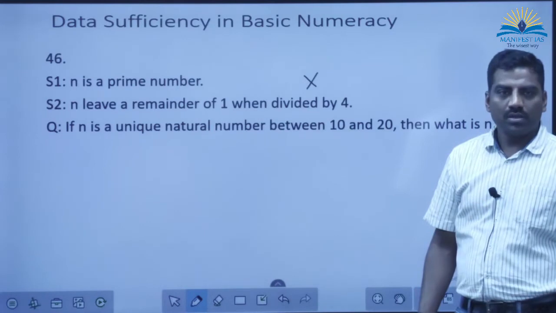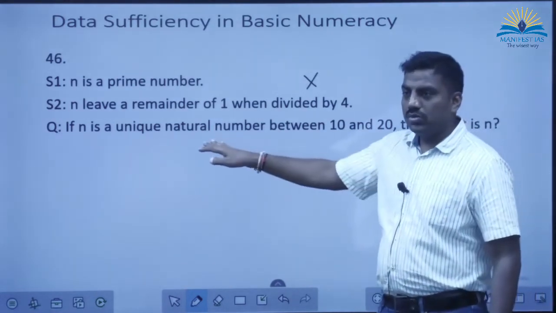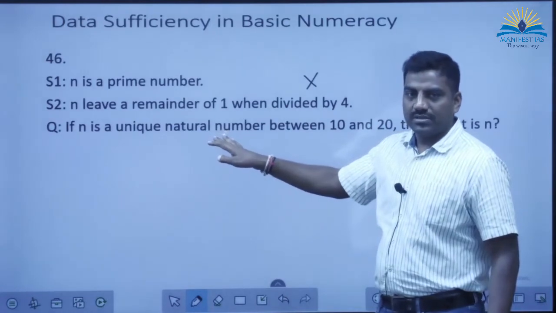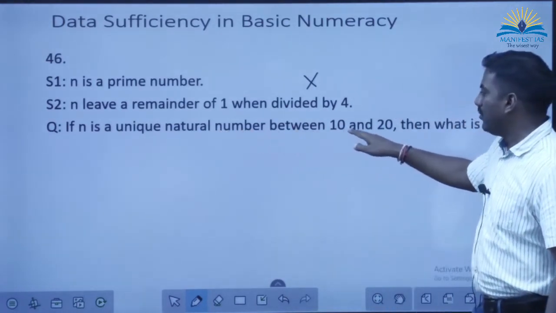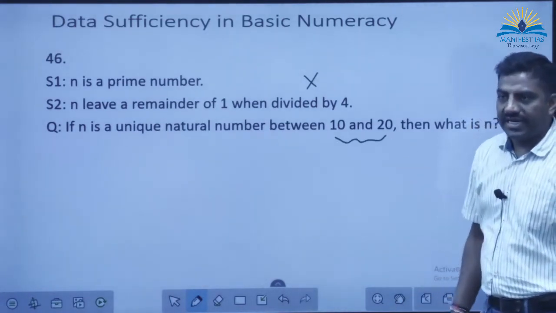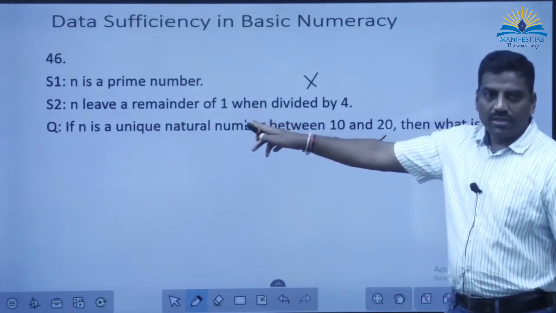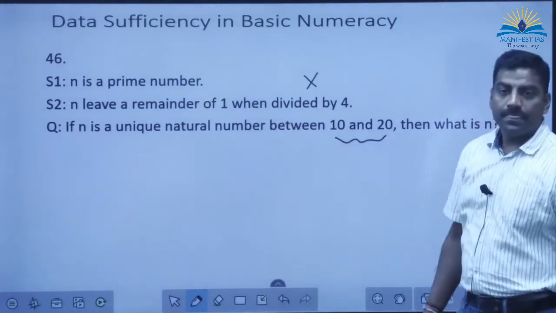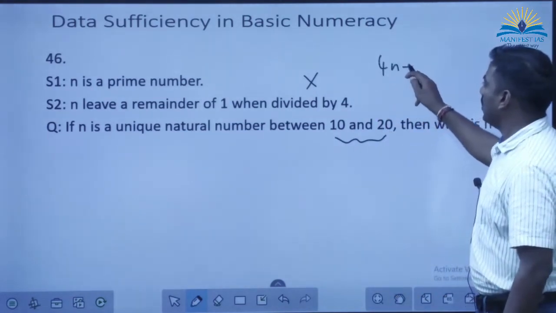Now go to the second question, directly the question: if N is a unique natural number between 10 and 20. So we are checking for the numbers between 10 and 20 which leave the remainder 1 after being divided by 4. So basically the numbers have to be 4n plus 1.